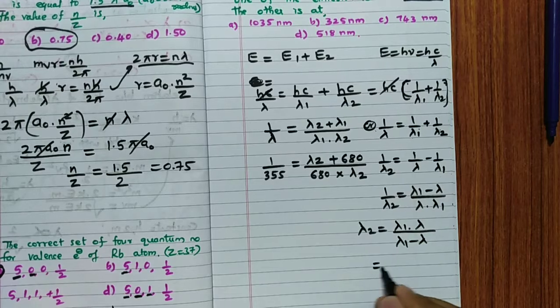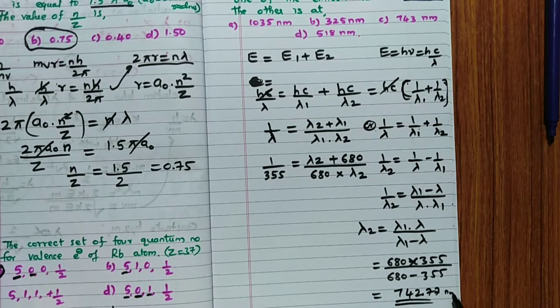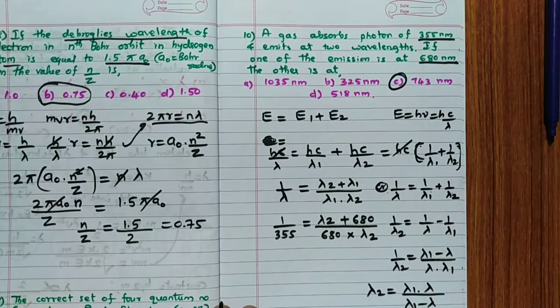Right? So now lambda 2 is 680 into 355 divided by 680 minus 355. Now if you simplify this, you are going to get the answer as around, remember, 742.77 nanometer. So you are going to get the answer as C in this particular case.